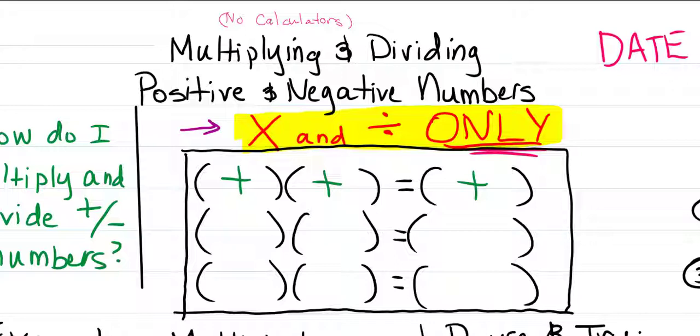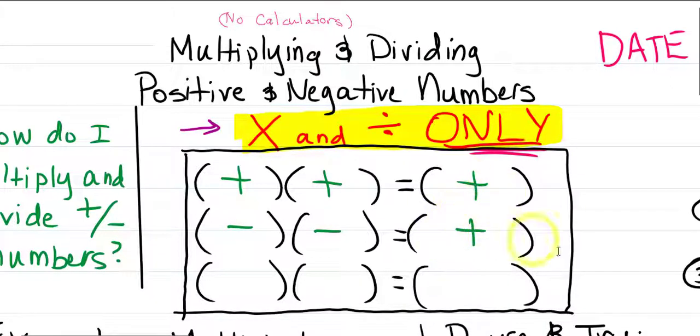If you're multiplying or dividing 2 numbers, and they are both negative, your answer will also be positive.